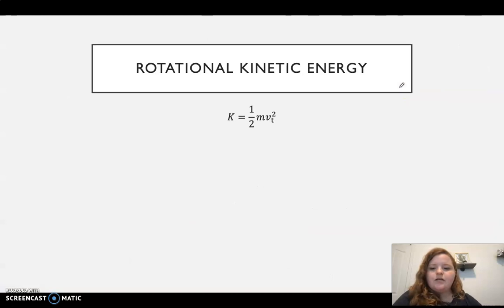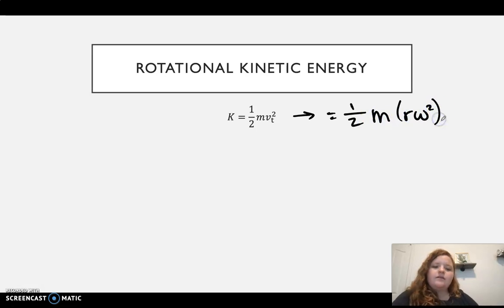So V sub t, I'm going to make that equal to 1/2 m, r omega, this whole thing squared. Okay, so this is going to be our kinetic energy. There we go. So from that comes this equation down here.